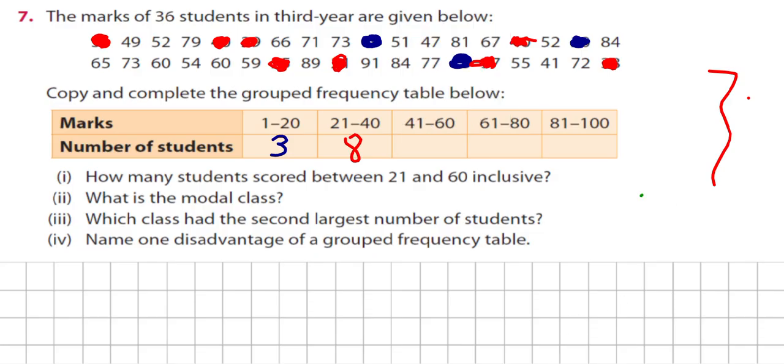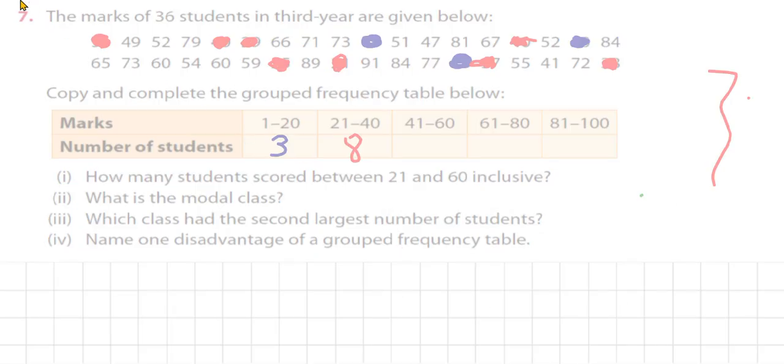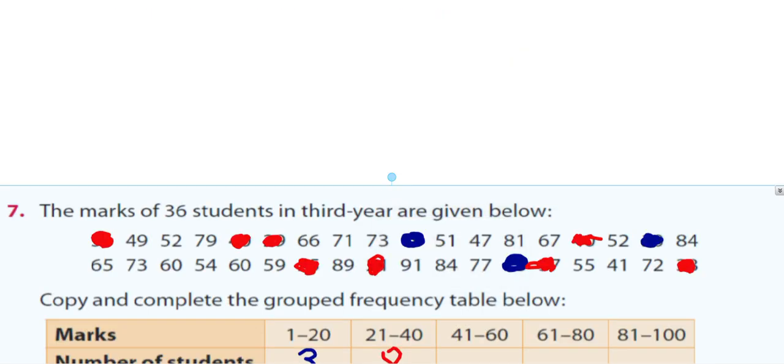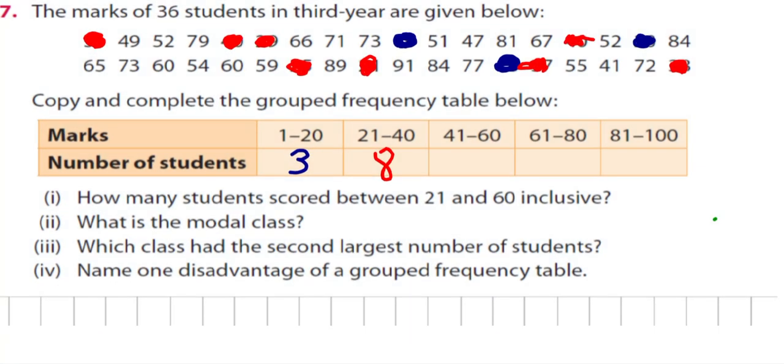Now for some reason this page is acting a bit weird now, so I'll just transfer it to a new page. Okay, here we go. Okay, guys. We're going from 41 to 60 now. Ready? We'll go in order here, okay? 1, 2, 3, 4, 5, 6, 7, 8, 9, 10.